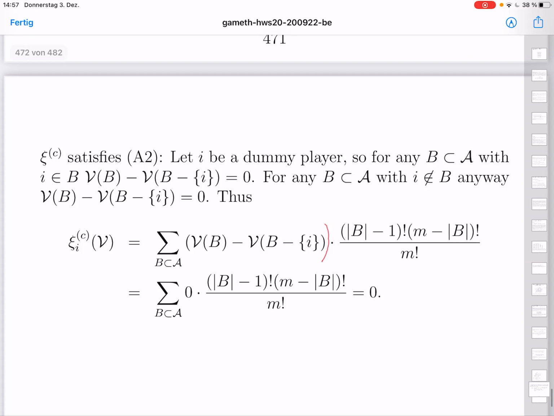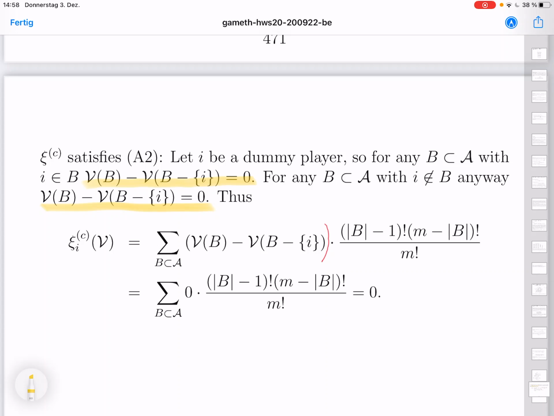Now axiom A2 of the dummy player. So again we have given a collision valuation, and now let I be a dummy player of the collision valuation. This implies especially that I doesn't matter for any coalition, so it has the same value with or without I, and this gives us then here the vanishing of this difference here. And for any subset B which does not contain I, the difference is 0 anyway, because we have the same sets on the left and right.